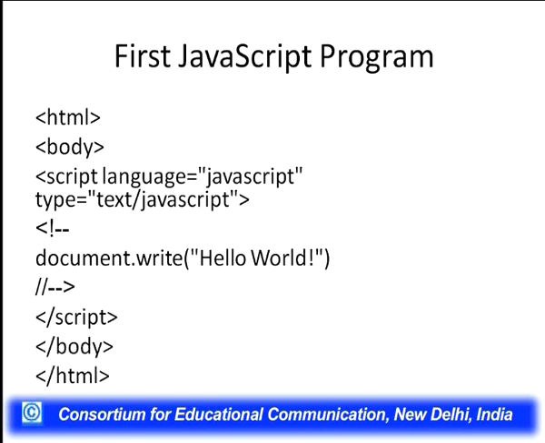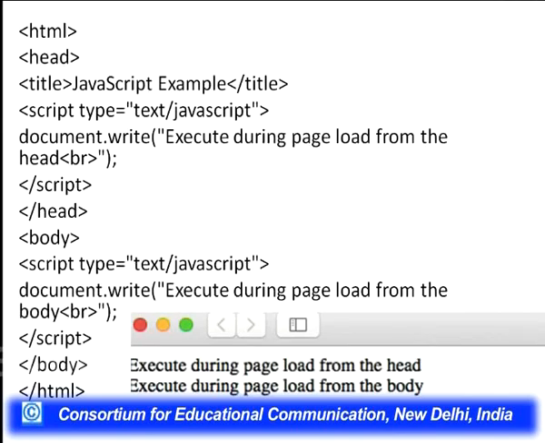So document is the object and write is the method of the document object, and hello world is the argument supplied to the write method. This command document.write with hello world in brackets is going to print the characters hello world on the browser screen as it is. So this is a simple command which we see.